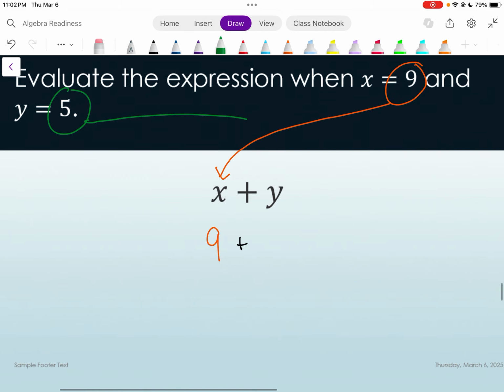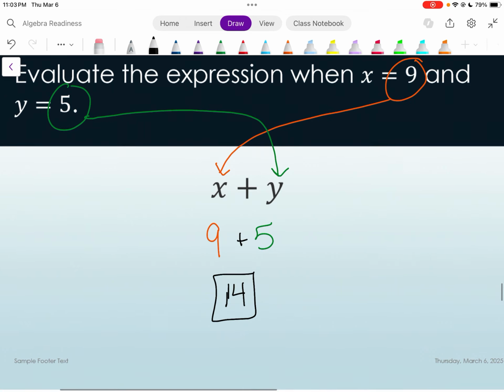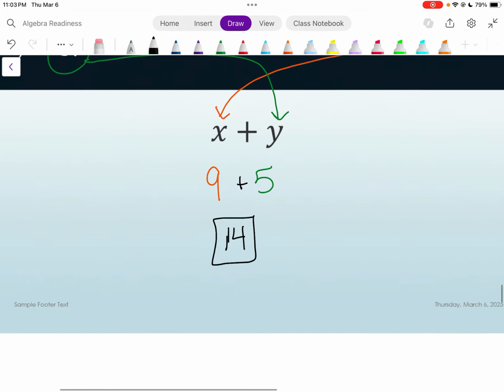The y will then be replaced with that value. Once you substitute in for both variables, then you evaluate or solve. In this one, 9 plus 5 will give us the answer of 14. First, replace the variable with the value it's equal to, or substitute, then solve the problem.